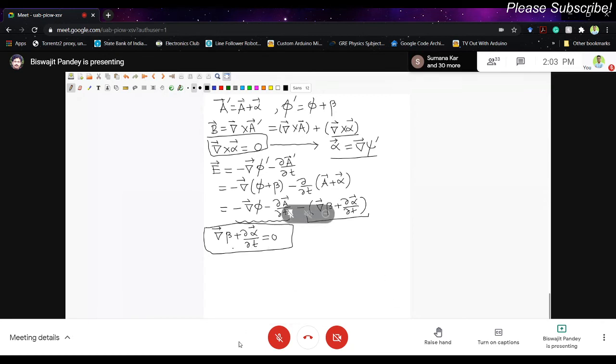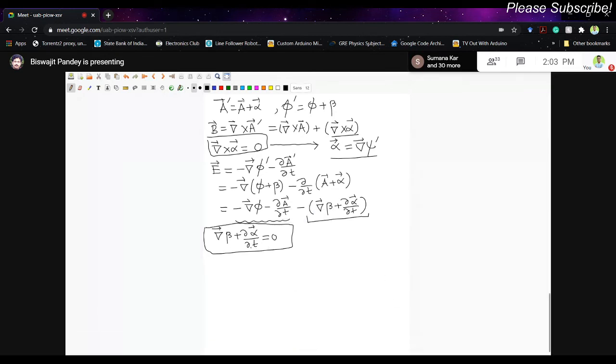And now if I look at this equation, grad of beta plus del alpha del t, and now alpha is grad of psi prime. So this is grad of beta plus grad of del psi prime del t equal to 0.